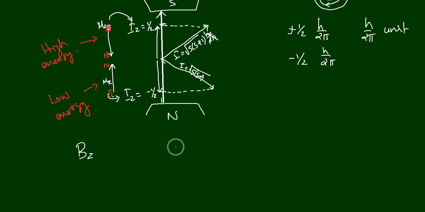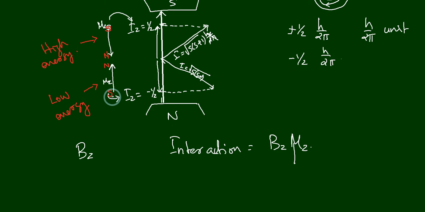The energy interaction is equal to Bz into mu Z, that is Bz multiplied by the component of the magnetic moment in the Z direction. That will be the interaction, or the energy. So what is the difference? These two will have different energies. This is a high energy situation and this is a low energy situation.